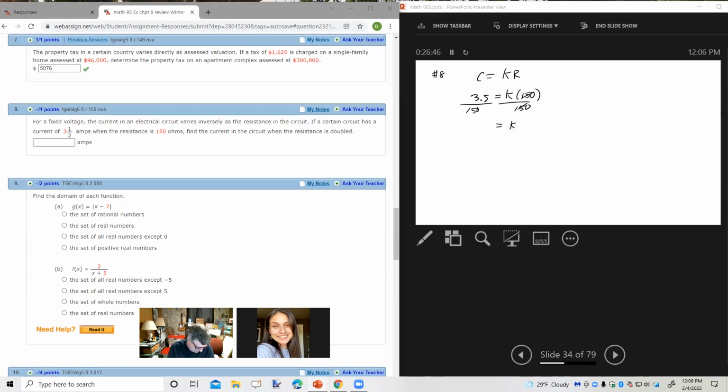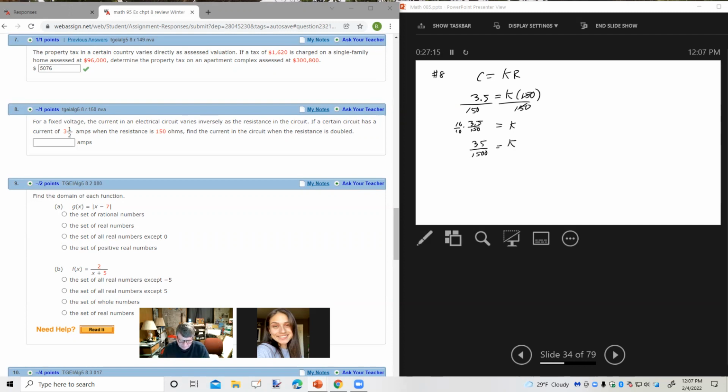So 3.5 divided by 150. I'm getting another one of those repeating numbers. Let's simplify that. The first thing I'm going to do is multiply it by 10 over 10 to get rid of the decimal. So 35 over 1500.